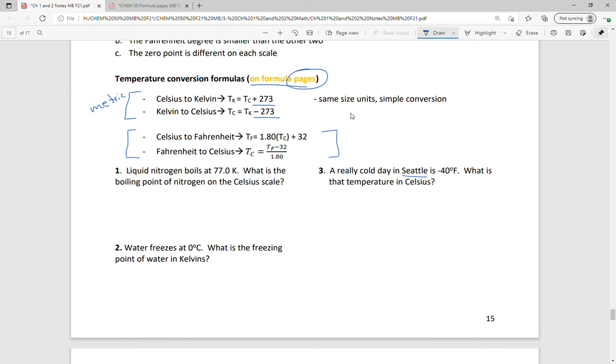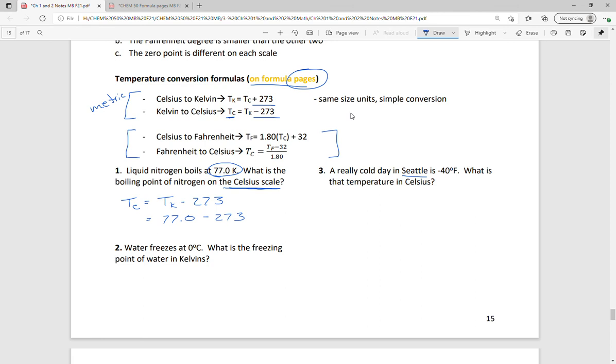Again, these can illustrate some problem solving. We would like to figure out what this temperature is on the Celsius scale. So the temperature in Celsius would equal the temperature in kelvins minus the 273. The temperature in kelvins is 77. So I'm going to substitute in what I know and then just follow the instructions, do the math.